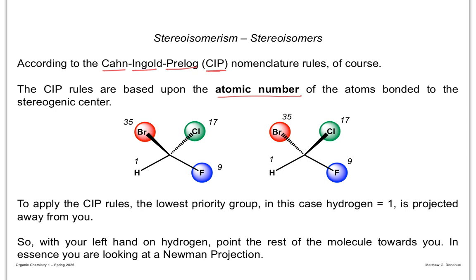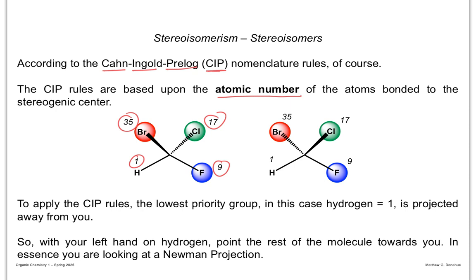And that's the number you see next to those atoms. So hydrogen is atomic number 1, fluorine is 9, chlorine is 17, and bromine is 35. So that's the atomic number, and then from that, we're going to assign it a priority. And so priority is based on increasing atomic number.